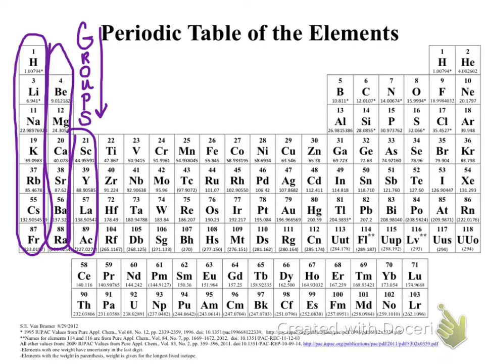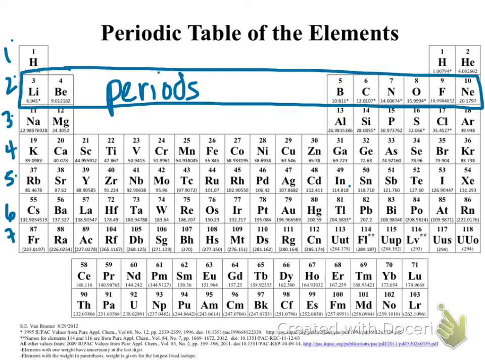So, the groups are also numbered, though the numbering system is a little weirder. We have group 1, group 2, group 3, 4, 5, 6, etc., etc. There are some weird ones in there, but you're not aware of them yet, so we won't talk about that. And while there's really no pattern to the characteristics of the elements within a period, there are patterns that we'll discover later.